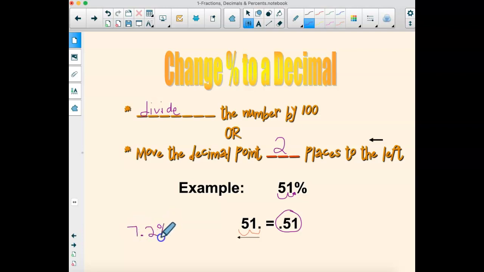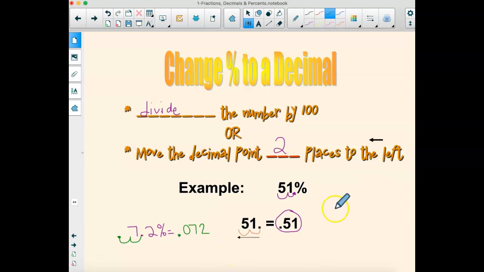Okay, and if we had 7.2%, that is a percent, and I want to change it to just a decimal without the percent sign. That means I'm going to take my decimal point and I'm going to move it 2 places to the left. So there's 1, 2. Okay, that leaves me with a blank that I need to fill in. So it's 0.072.